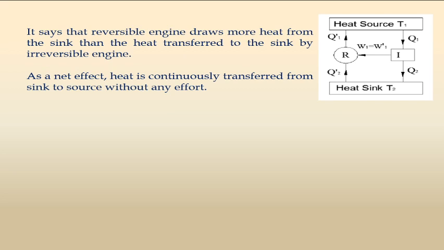As a net effect, heat is continuously transferred from sink to the source without any effort. Only 2 engines are working together. No external work is done outside this system. Whatever work is generated by the irreversible engine is transferred to the reversible engine. So by using that work, the reversible engine can transfer more heat from sink to the source continuously.